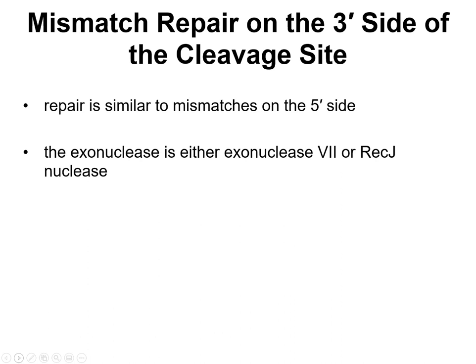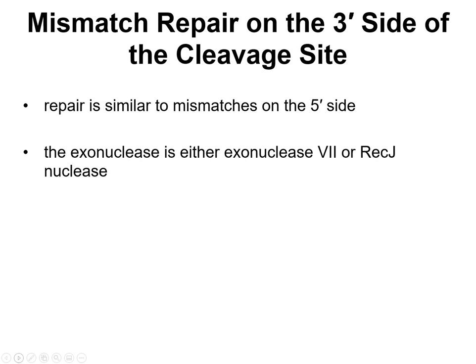Mismatch repair on the 3' side of the cleavage site is very similar to issues on the 5' side. So remember that it matters which side the cleavage site is on. And you're going to have different exonucleases because exonucleases are directional.